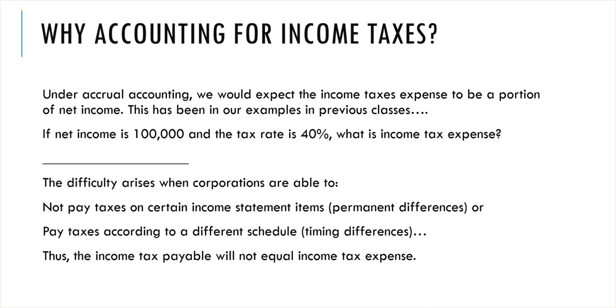When we have these differences, whether they're permanent or timing, it means that journal entry is not right anymore, because the amount of taxes we pay is not income tax expense. It could be higher, it could be lower, because again, the taxes aren't paid based upon the income statement. The taxes are paid based on the tax form.